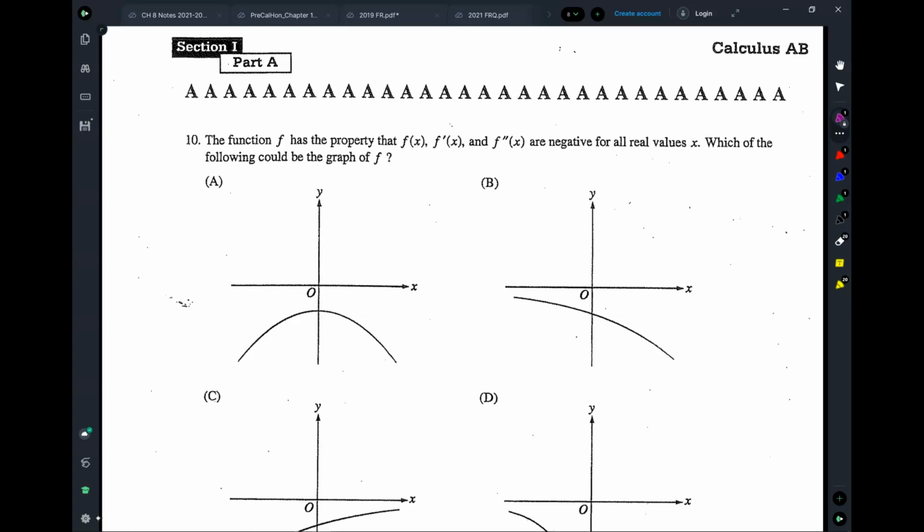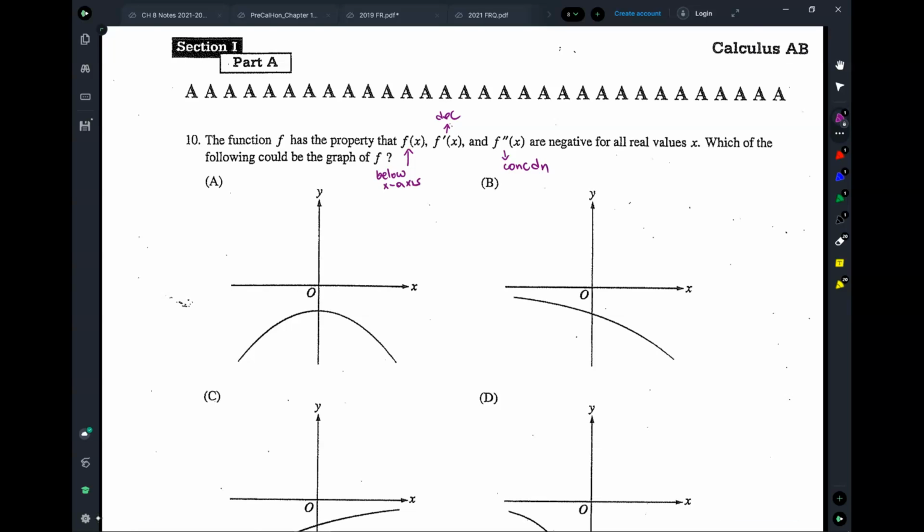What does it mean that f of x is negative? Where does the graph sit? Below the x-axis. What does it mean that f prime of x is negative? It's decreasing. What does it mean that f double prime is negative? Concave down.